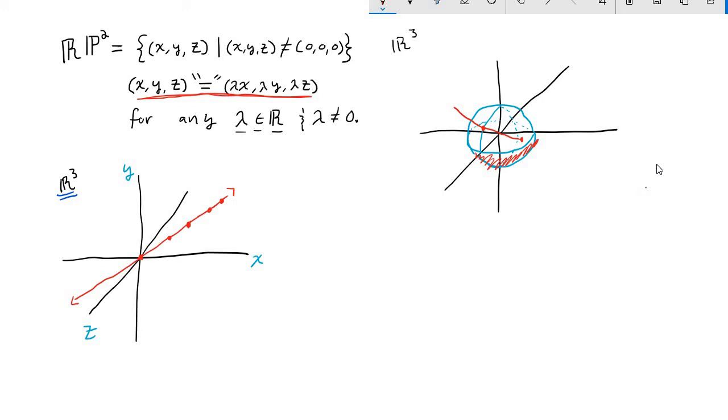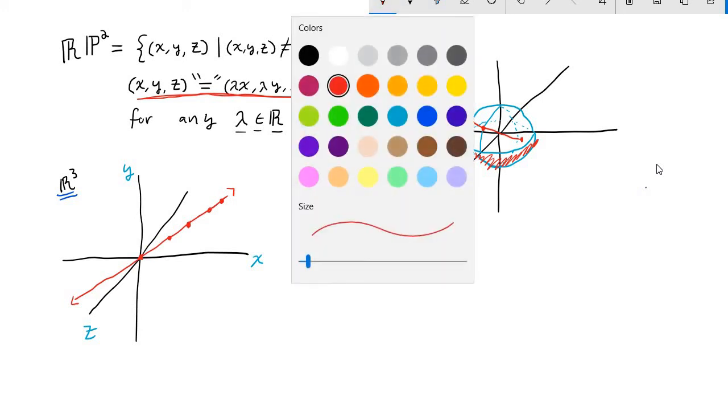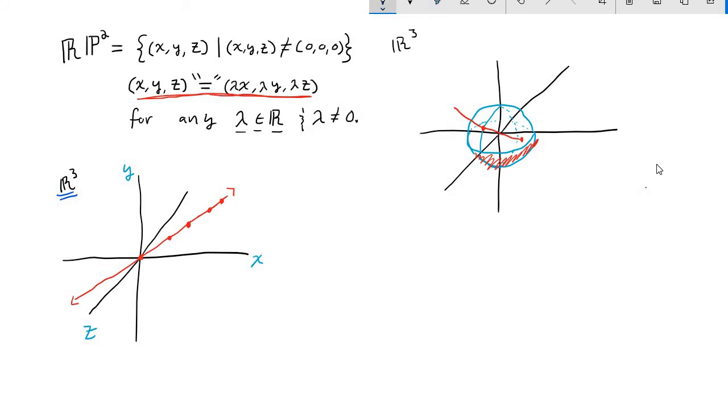So really what I get is just this upper hemisphere of points. Because this is 2D, let's look at a bird's eye view of this. So this is our picture now of RP2.